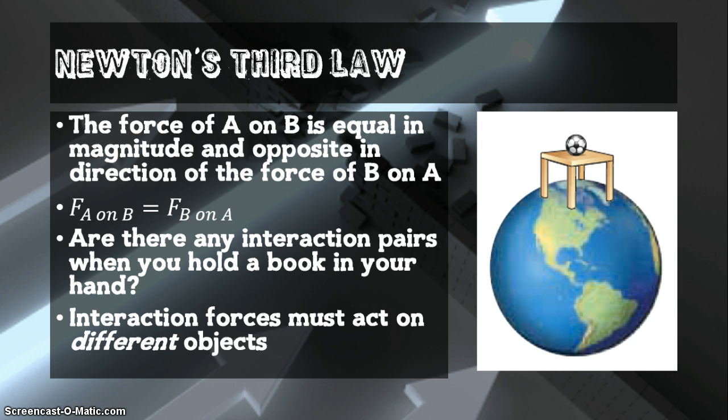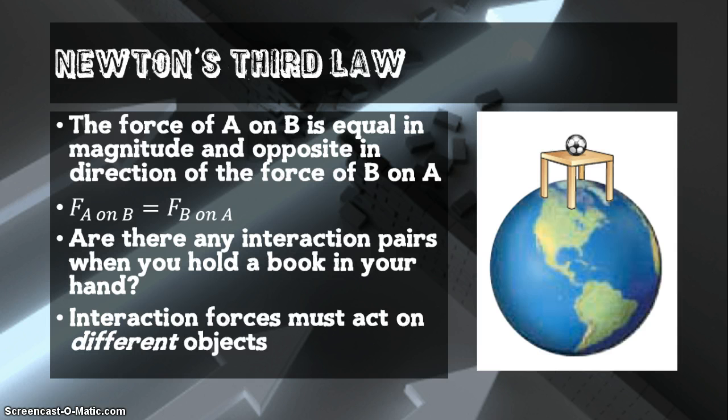Likewise, the interaction pair with the force of gravity on the book is the force that the book puts on the earth, which might sound crazy, that the book actually pulls the earth with a gravitational force, but it's true. Every object in the universe exerts a gravitational force on every other object in the universe.